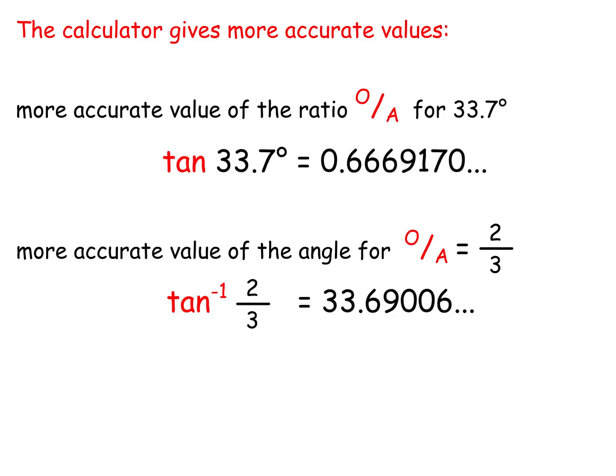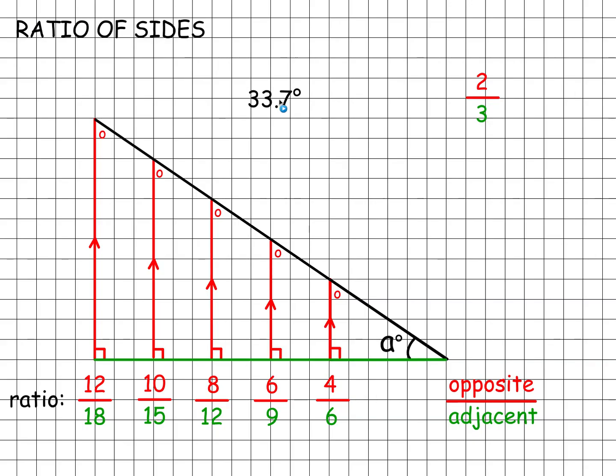Now, this ratio opposite over adjacent is called the tangent ratio, abbreviated to tan. So that's 2/3 is the tangent ratio. On the calculator, there's a tangent function. If you put in tangent 33.7, it should give you 2/3. Now, it won't quite give you 2/3 because 33.7 is a rounded answer here.